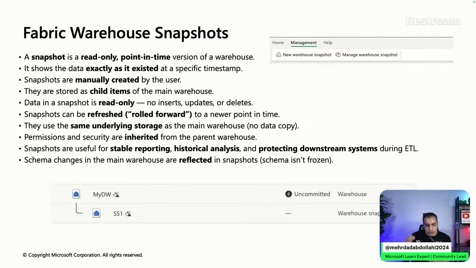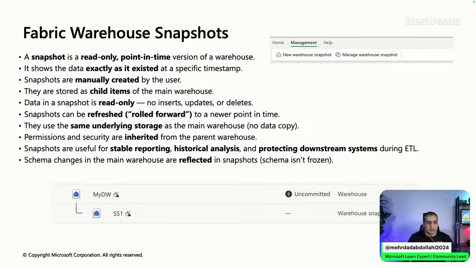The other thing is that the snapshots are not going to copy the data, right? It is just using the delta log feature of your OneLake, looking at the same data but with a different timestamp. The permissions and securities are inherited from the parent warehouse.